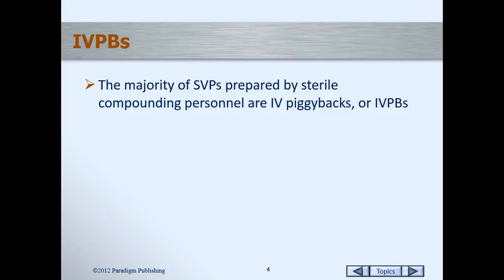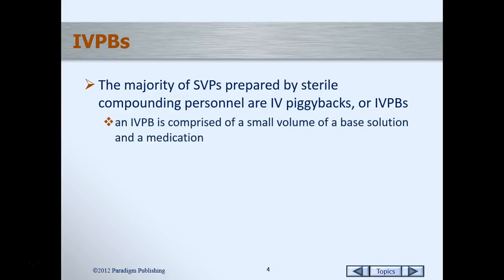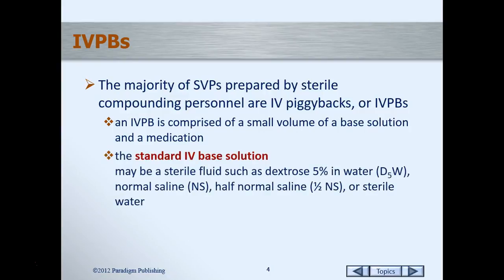The majority of the small volume parenterals we compound will be IV piggybacks, or what are commonly known as IVPBs. A piggyback is comprised of a small volume of a base solution and an additive medication. The standard base solutions are the same or similar to the large volume parenterals. Most commonly, they will be D5W or normal saline.